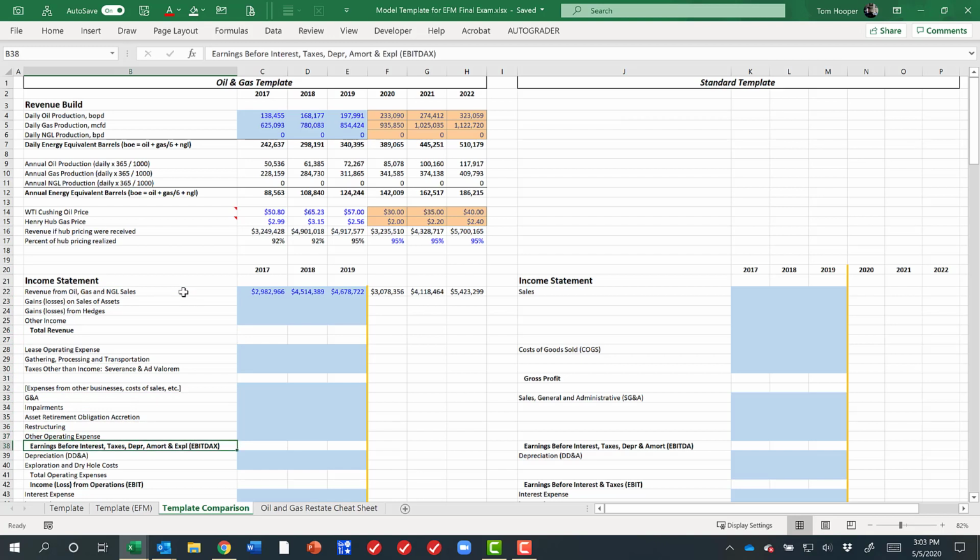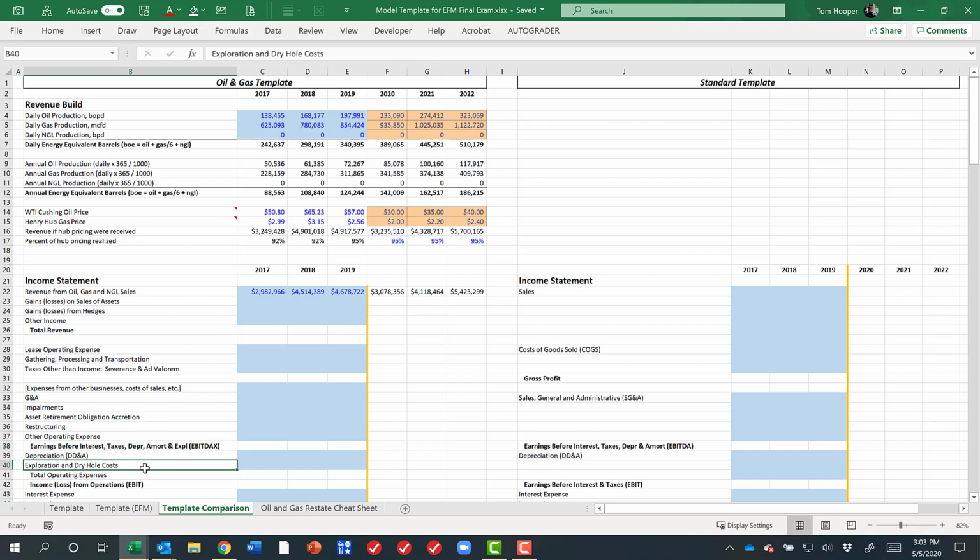Now let's talk about EBITDA and EBITDAX. EBITDA is our earnings before interest, taxes, depreciation, and amortization. If you think about it, interest, taxes, depreciation, and amortization are things that aren't really direct costs of the business. So DD&A comes out before our version of EBITDA, but what else comes out?